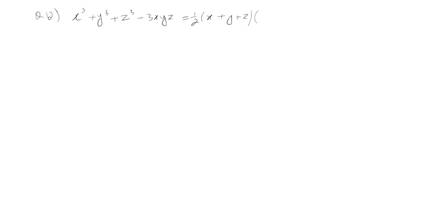The second bracket starts like this. This is a different type of thing. This x minus y whole square plus y minus z whole square and z minus x whole square.